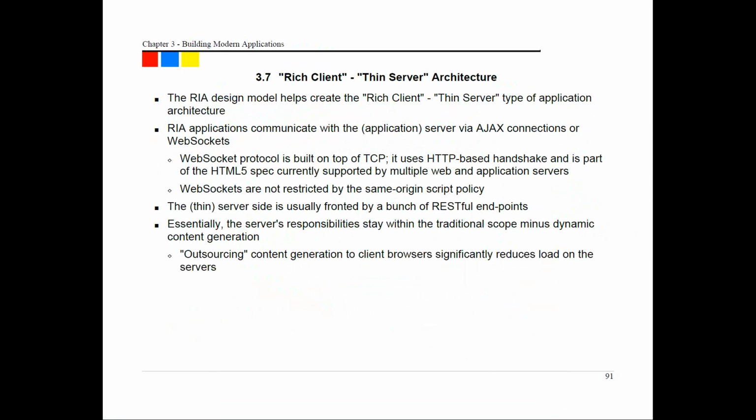WebSocket is another newish protocol which is now widely supported by various libraries and servers, although we haven't seen a huge uptake of it in most enterprises yet. But what WebSocket lets you do is keep a two-way connection open between the browser and a back-end server.